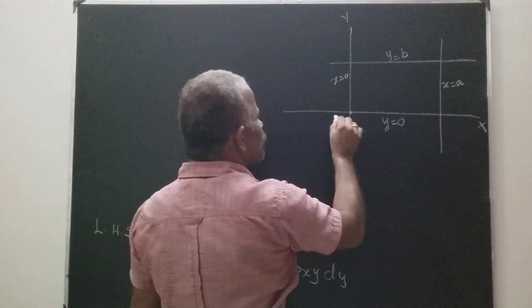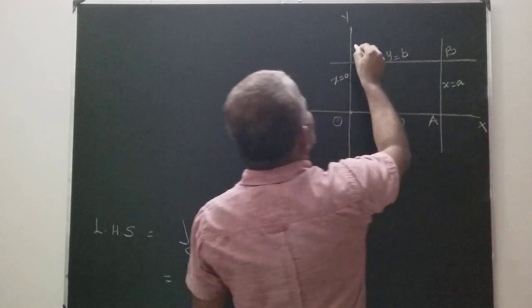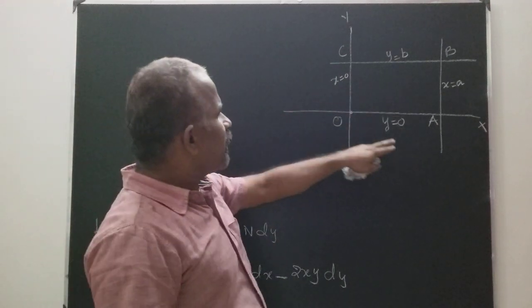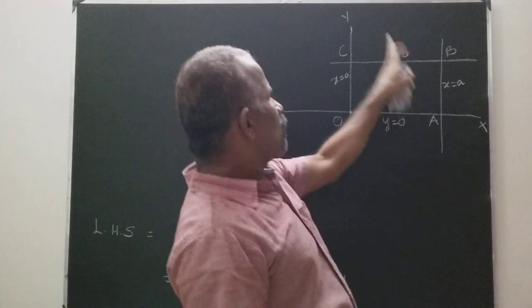So this is origin O, this is A, B, C. So this is a rectangle bounded by x is equal to 0, x is equal to a, y is equal to 0, y is equal to b.